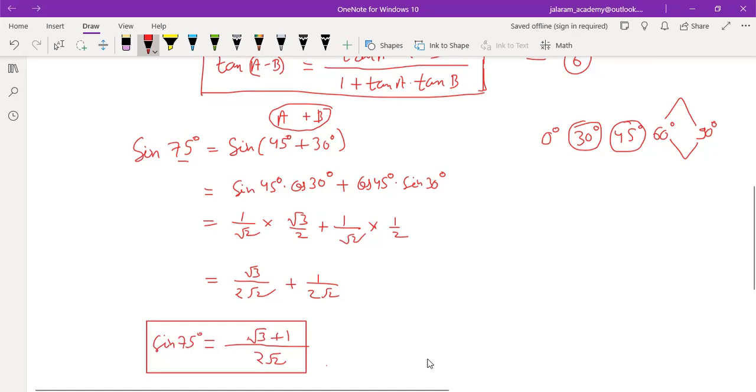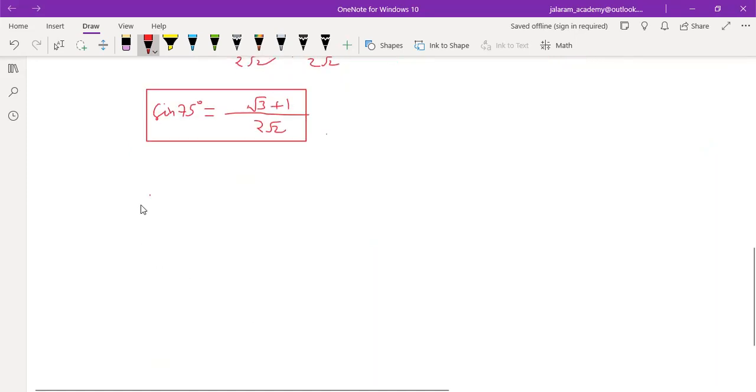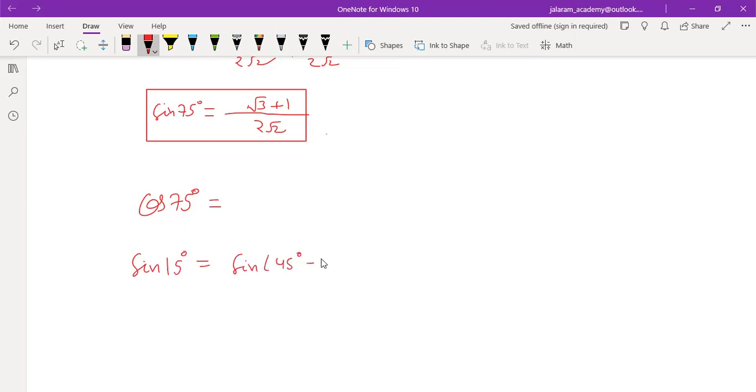Similarly, we can find cos 75 degree, sine 15 degree. If you want to find sine 15 degree, we must write it in the form of the difference of two standard angles. Tan 75 degree by writing tan 45 degree plus 30.